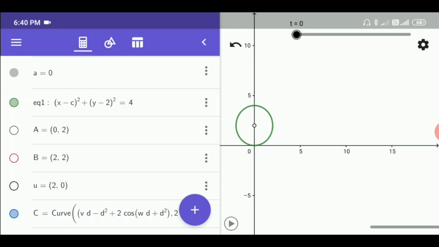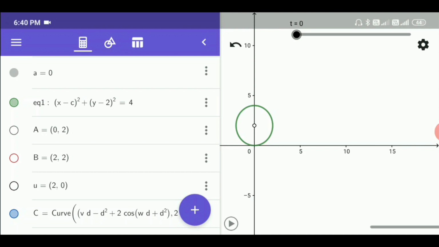And as we discussed earlier, as it is performing pure rolling motion, V will obviously equal R omega, so V will be 4 units here. And this disk is free to perform pure rolling motion along the x-axis.